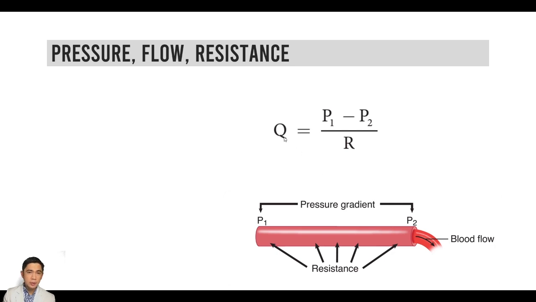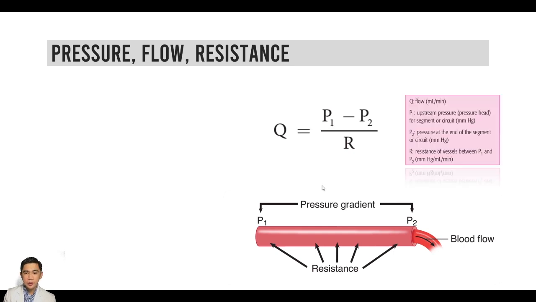So Q is the blood flow. This is pressure 1 minus pressure 2 divided by the resistance. So this is what we call the Poiseuille equation, after Jean-Léonard Marie Poiseuille. I hope I got that right.